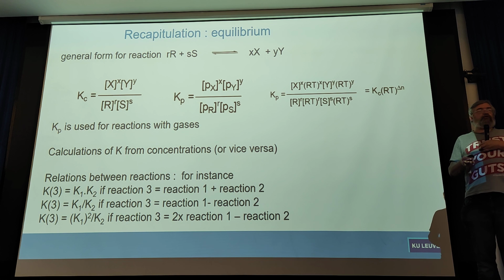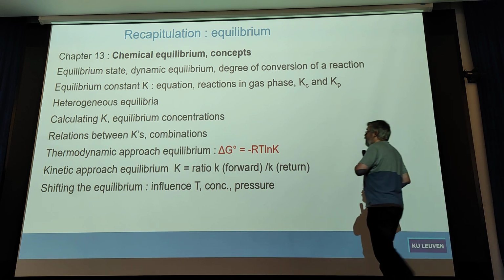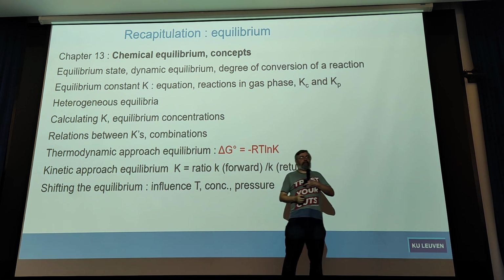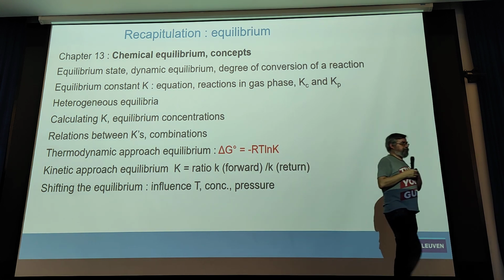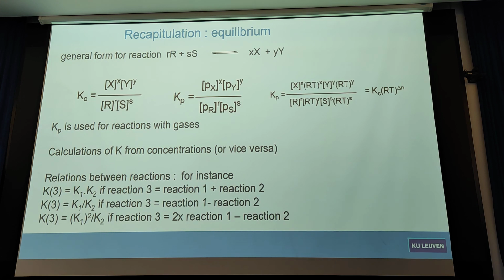Because free energy we can just add up. But of course, if we add up logarithms, that means we have to make the product. And the logarithm of the product is the sum of the logarithms. Very simple mathematics.